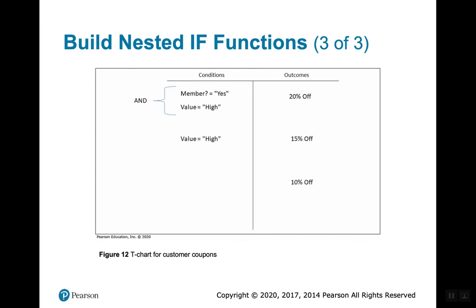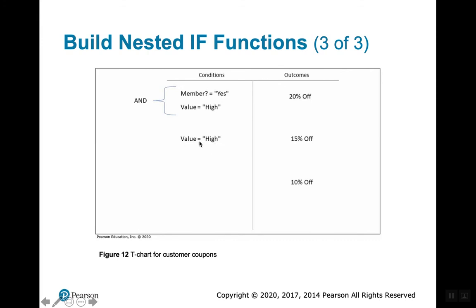All right, this is a representation of this nested function. So we have an AND function. You have to be a member, and the value is high, you get 20% off.